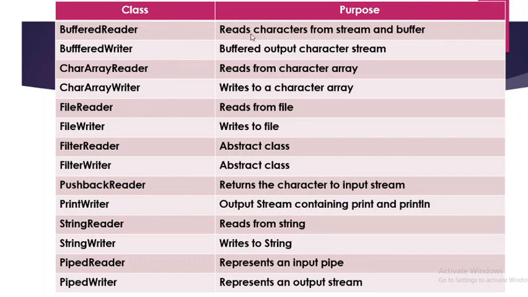So we read characters one by one from the buffer. BufferedWriter is a buffered output character stream, meaning writing characters into the buffer. CharArrayReader is used to read characters from a character array, so here we are reading character by character from an array.